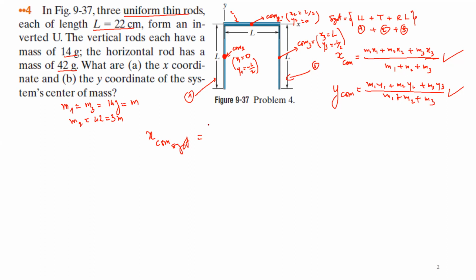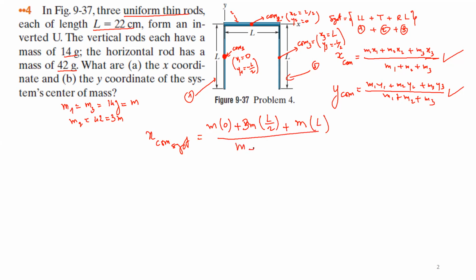So I will say m times x1, x1 is 0, plus m2, which is 3 times m, multiplied by x2, x2 is L over 2, plus m3, which is m multiplied by x3, x3 which is L, divided by total mass.